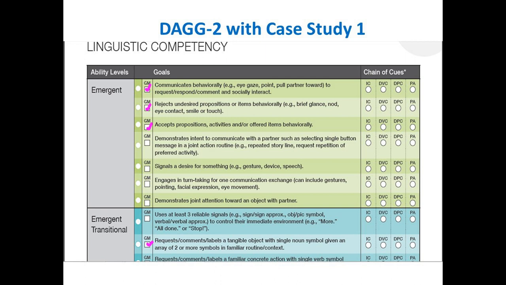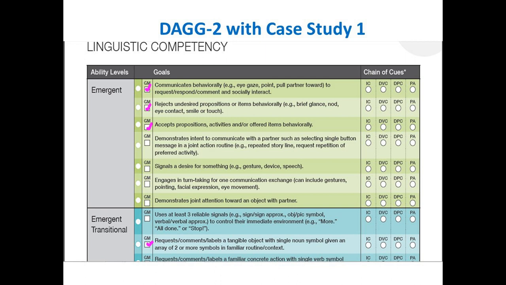She already had the communicative intent to show you when she was done with something. And she was able to accept activities or items offered behaviorally. So we are looking at emergent and transitional, and she was able to make a comment or label an object.